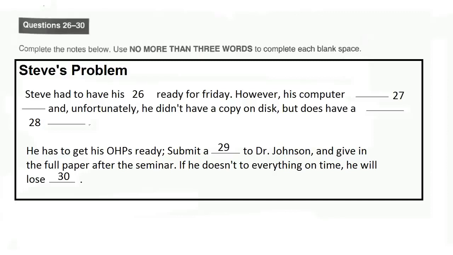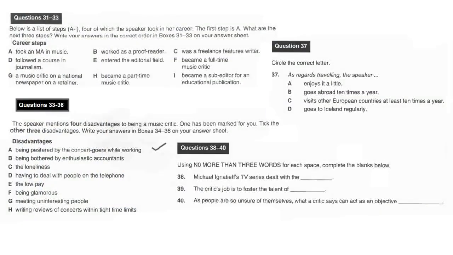That is the end of section 3. You now have half a minute to check your answers. Section 4. You are going to hear 2 extracts from a lecture by a journalist on becoming a music critic, and then what a music critic's job involves.